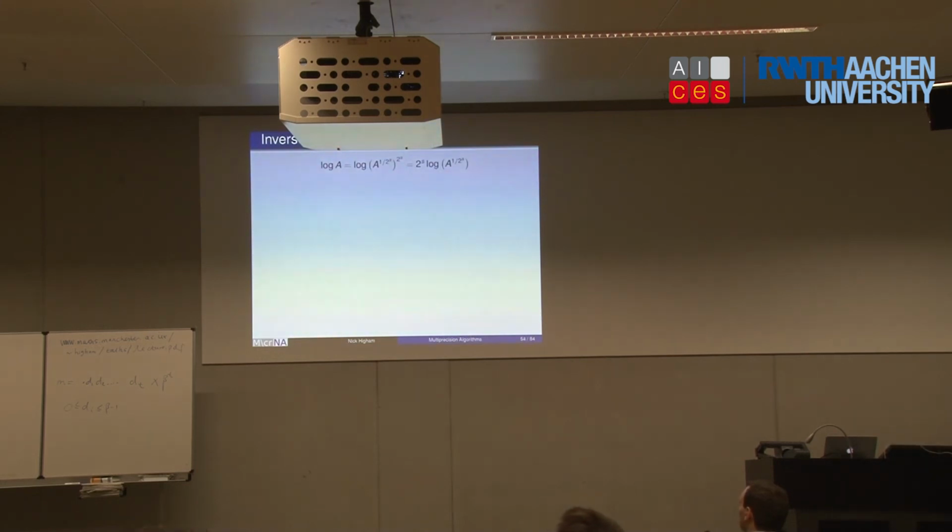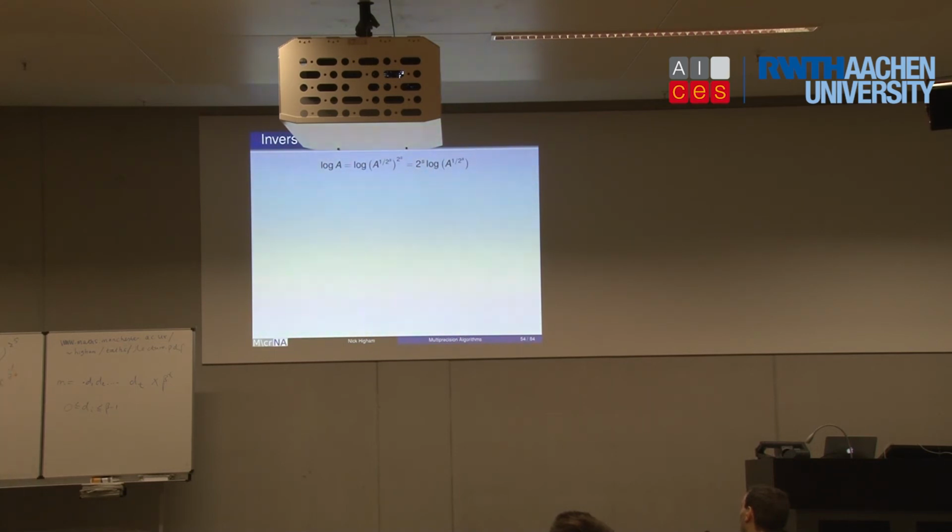Right, so how did Briggs do his computations? Well, actually, he used that line at the top there. He said log of x, where x is his real number that he wants to compute the log of. So he used what I've got here: log of x to the 1 over 2 to the s, to the power 2 to the s, which is 2 to the s log of x to the 1 over 2 to the s.